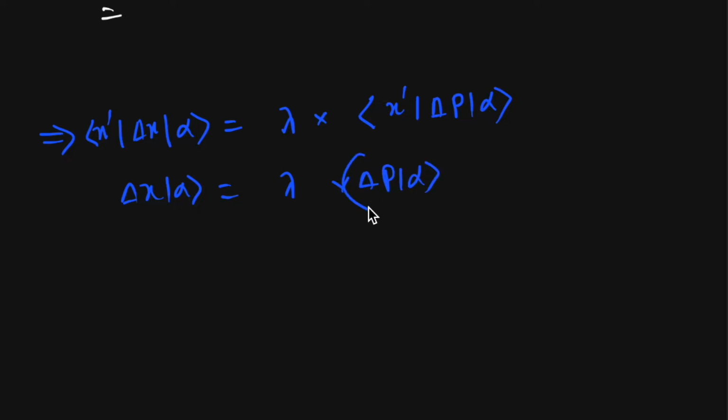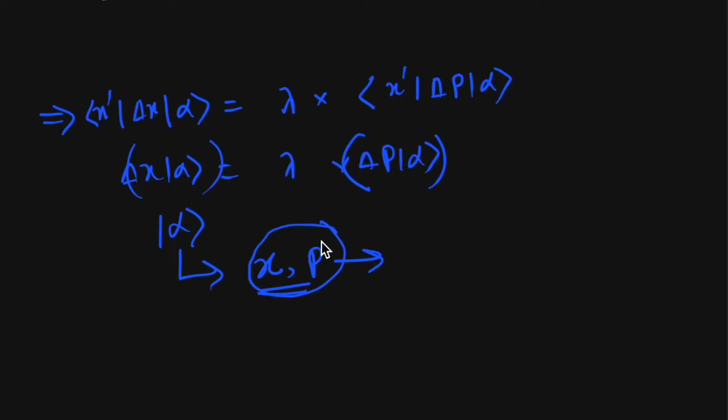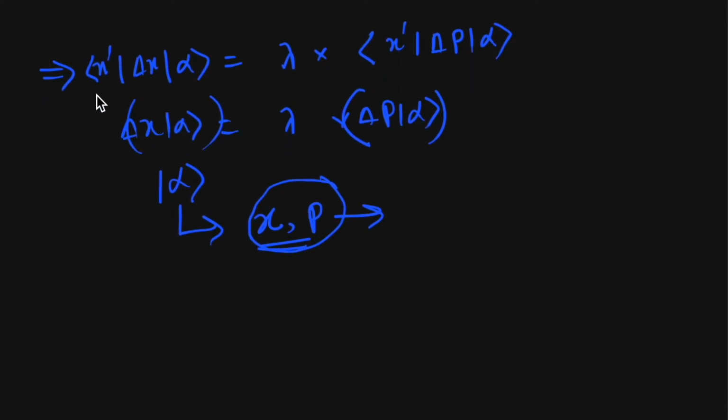As we know, if this relation holds, then in the state alpha the uncertainty relation corresponding to the x and p operators will be minimum, that is the equal sign of the uncertainty relation holds. Let us check that this relation actually holds on that same state.